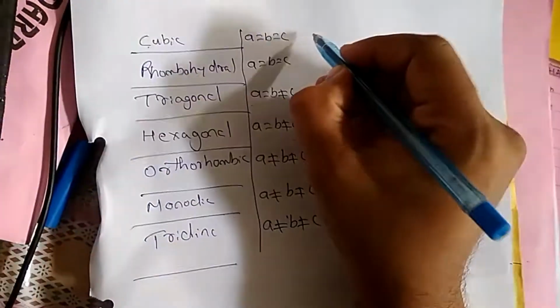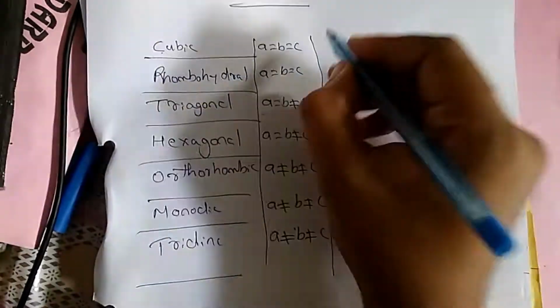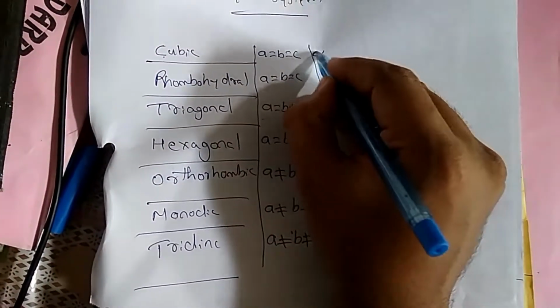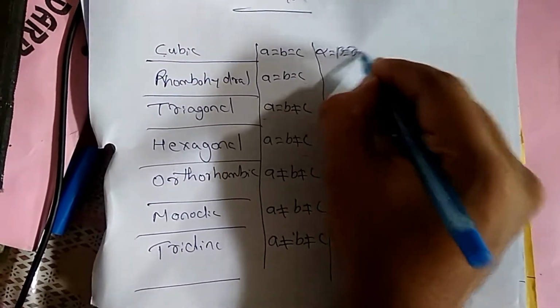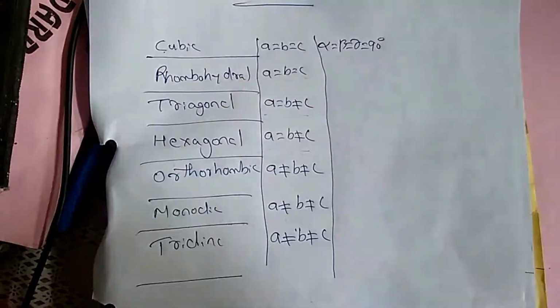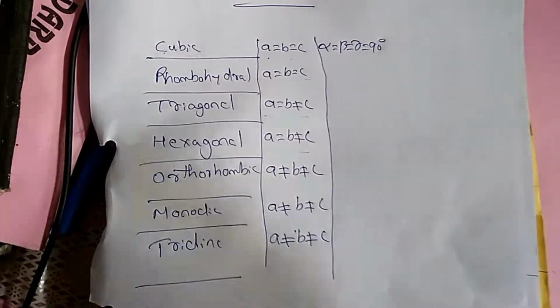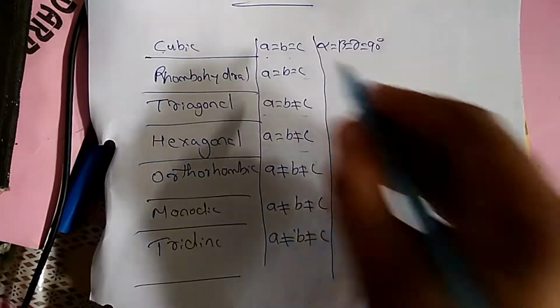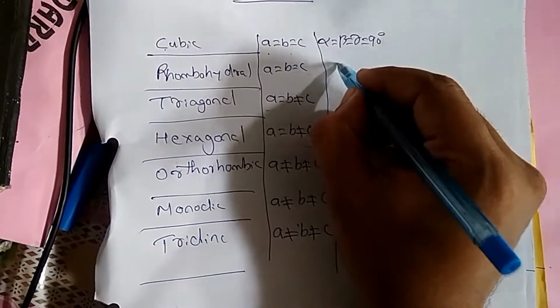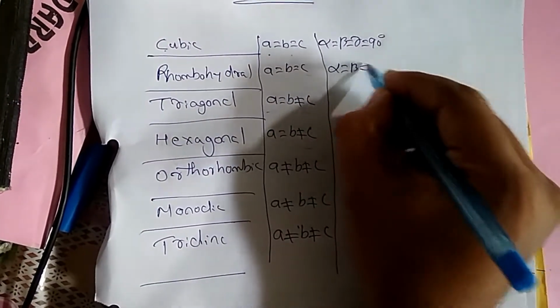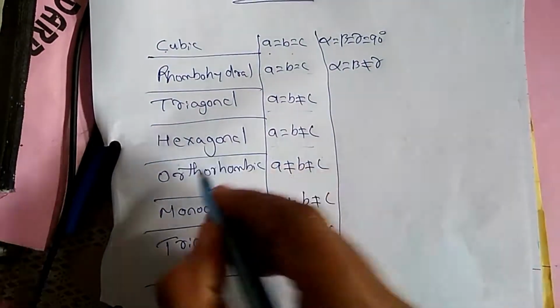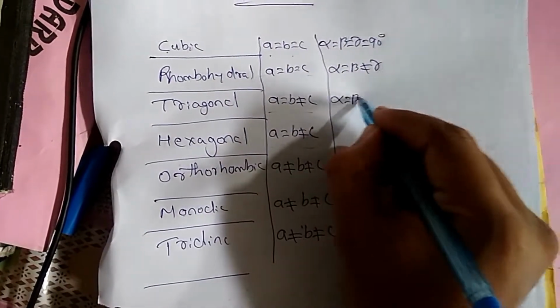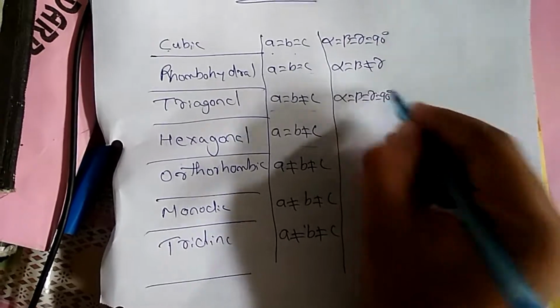Now if you think about angles, there is also an order. Alpha equal to beta equal to gamma equal to 90 degrees in the cubic system. For the rhombohedral system, alpha equal to beta equal to gamma, not equal to 90 degrees. Trigonal again alpha equal to beta equal to gamma equal to 90 degrees.